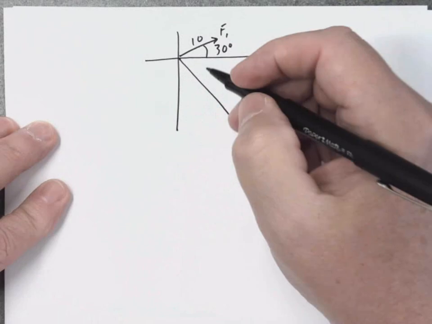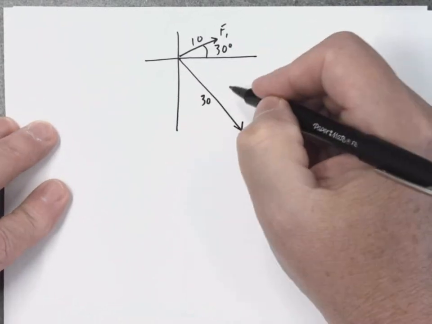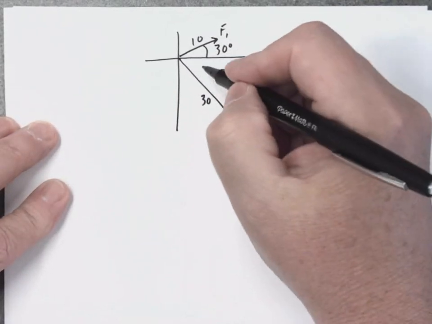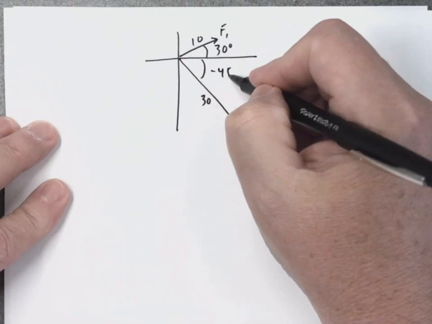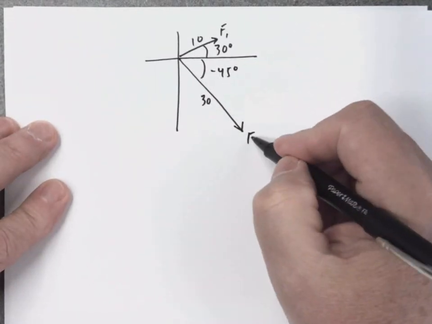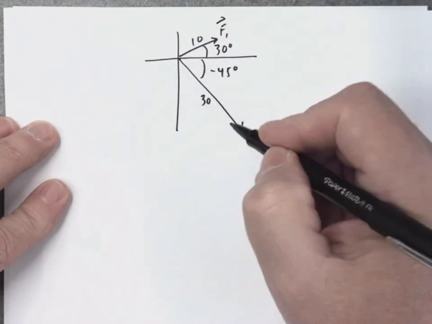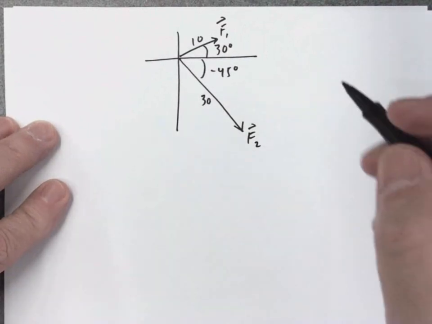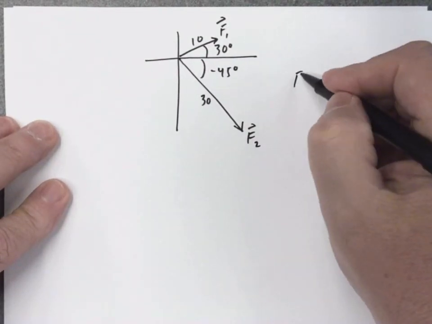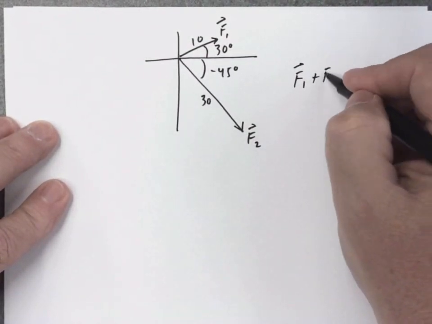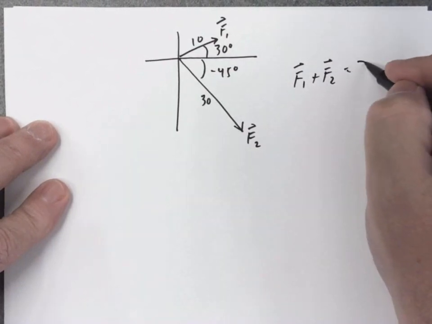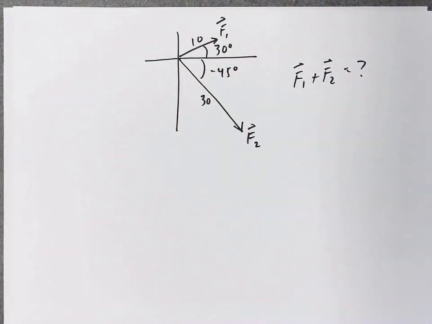F2, I draw much longer because this represents a force of 30 newtons. But like I just said, I can't add them together unless they're in IJ form.